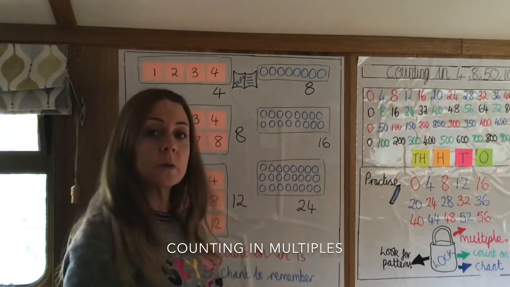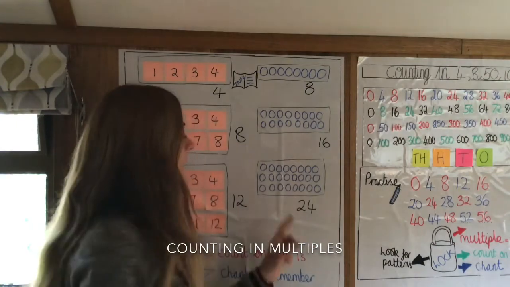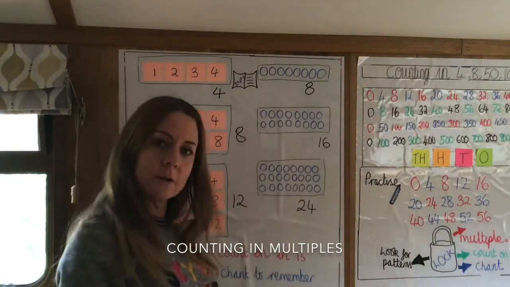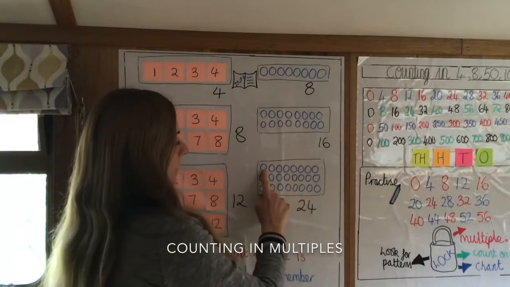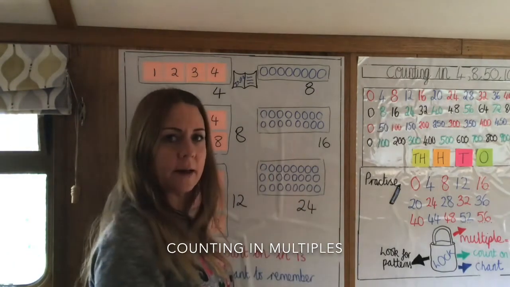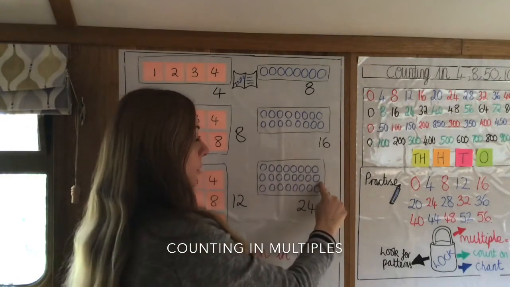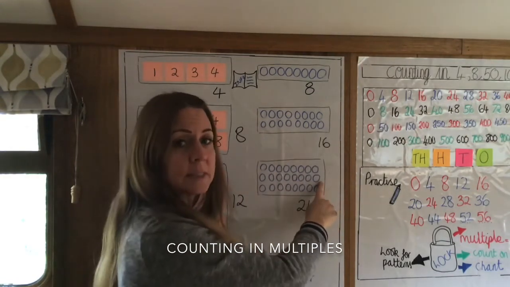In total, when we have 3 multiples of 8, we have 24. And here we have 24 circles. We could start counting from here all the way down to here, but we don't need to do that. We know that from here, this second group of 8 will give us the number 16.